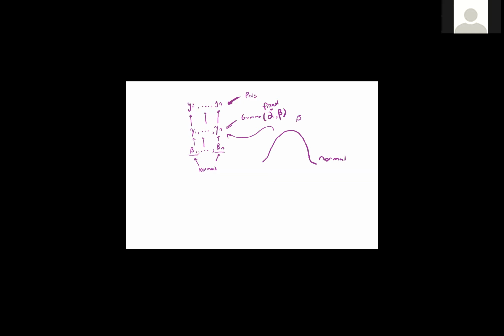So maybe I should change over here. Does it mean that it's not just alpha and beta, but alpha and beta i? Yeah. So the hierarchy over here is that you have each data point still independently follow a Poisson distribution.